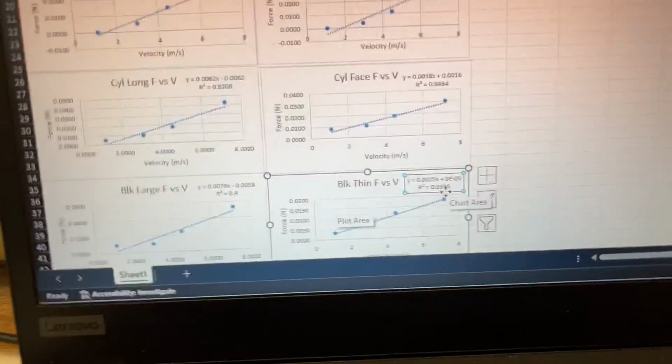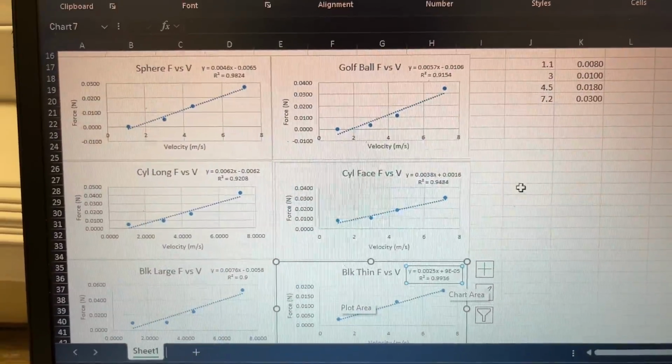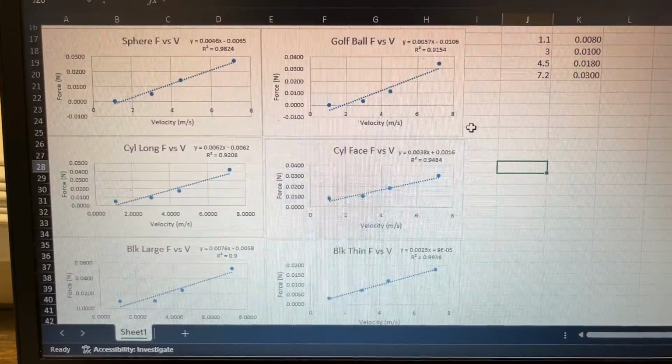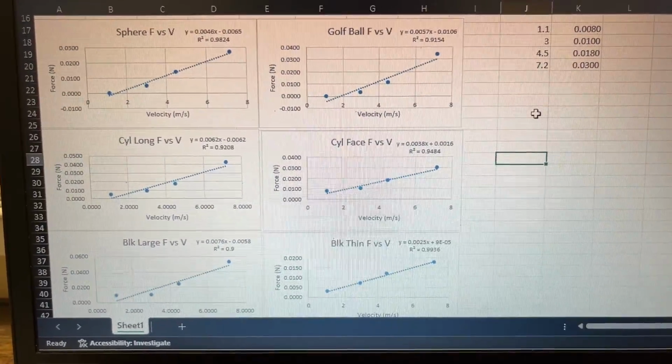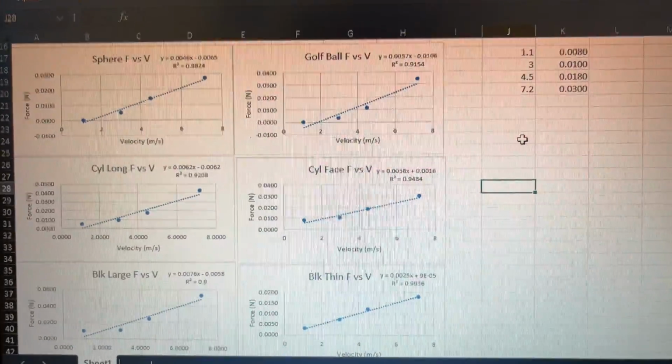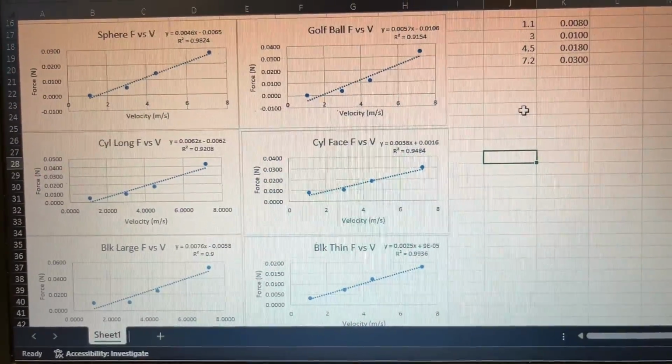So I came over here and I used Excel to just plot what's going on with this force versus velocity linear fits of the data for these profiles in the wind tunnel.